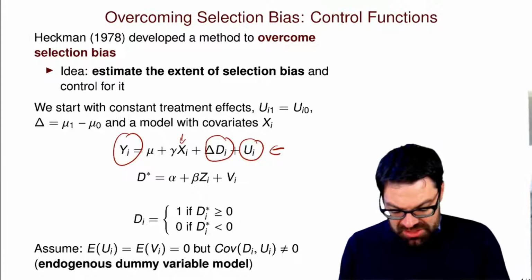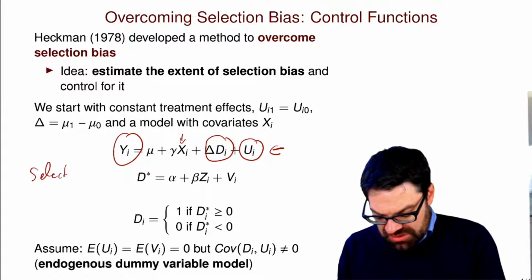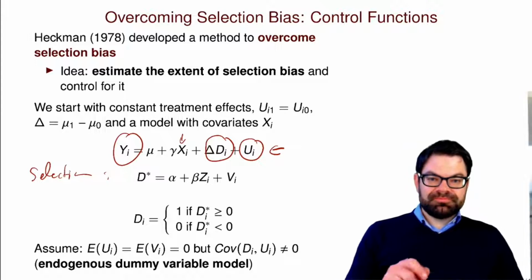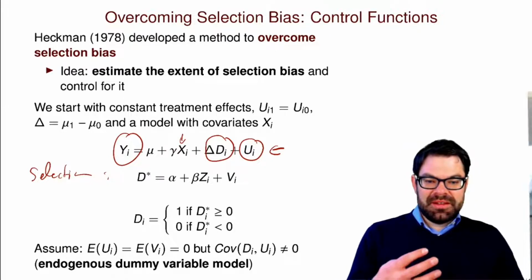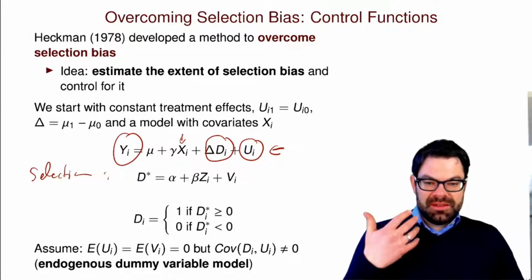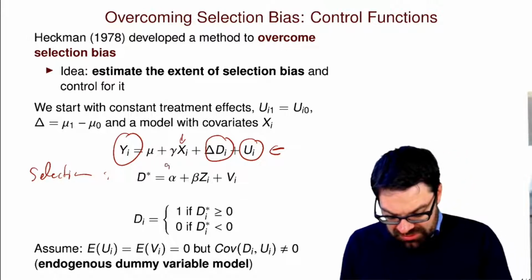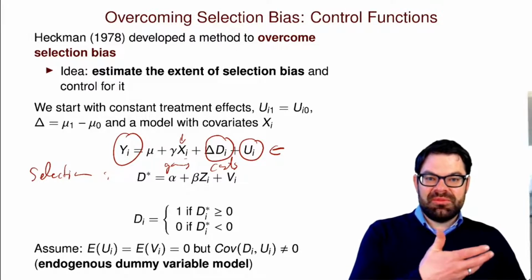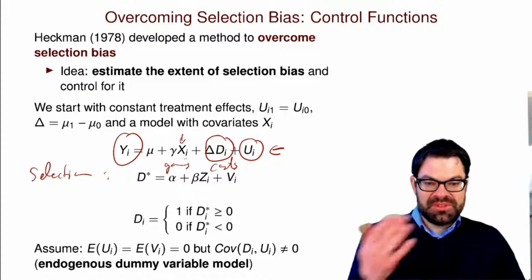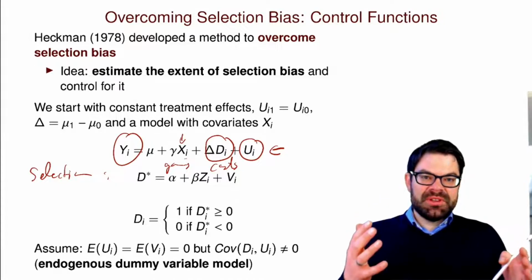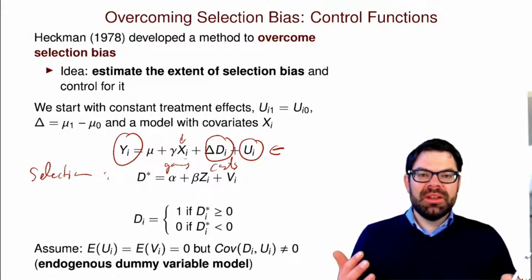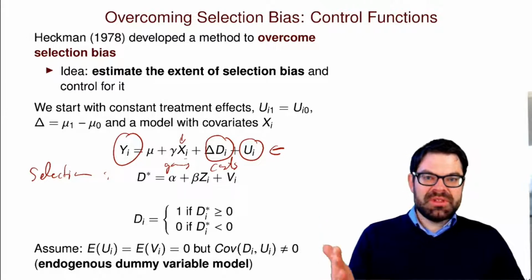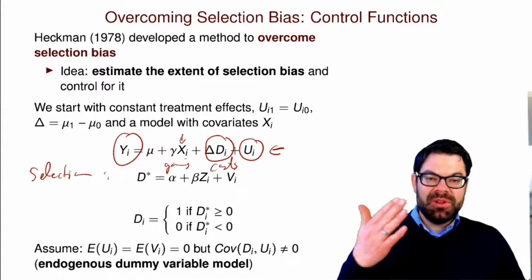So the selection equation is this second equation here, which tells us again that if the gains minus the costs, and the costs is beta z, which is the instrument, plus a random cost parameter that varies across individuals, if that difference is greater than 0, then the person will get the treatment, and if it's less than 0, they will not.